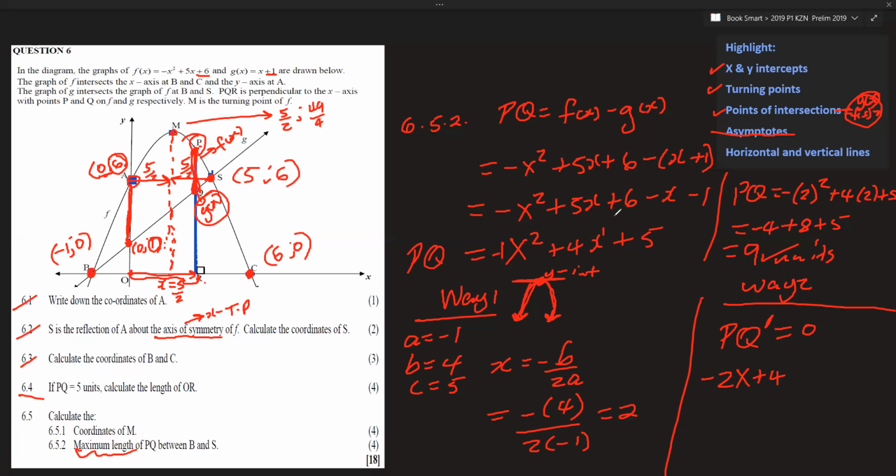And then x to the power 0: the derivative of a constant is always 0. So here I have negative 2x plus 4. Negative 2x equals negative 4, then x equals 2. You're going to now follow the same step and substitute into the original distance representation to get your maximum distance.